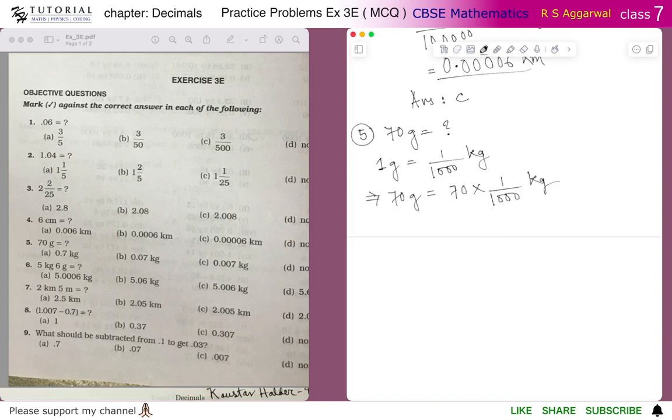So we have to divide 70 by 1000. We can write 70 as 70.0 divided by 1000. So basically we have to divide the decimal number 70.0 by 1000. So we have to shift the decimal point to the left 3 places. So this becomes 0.070 kilogram.